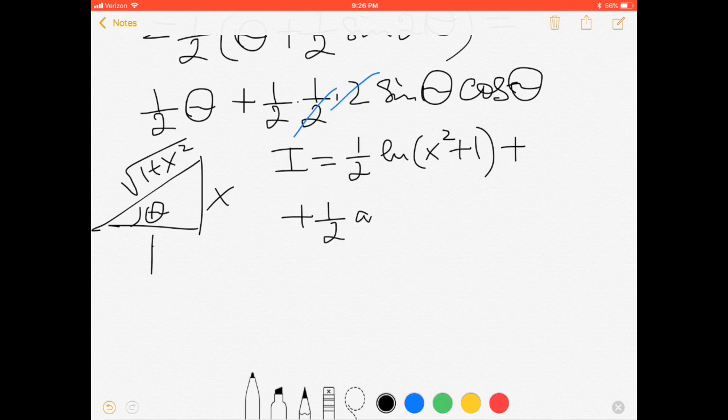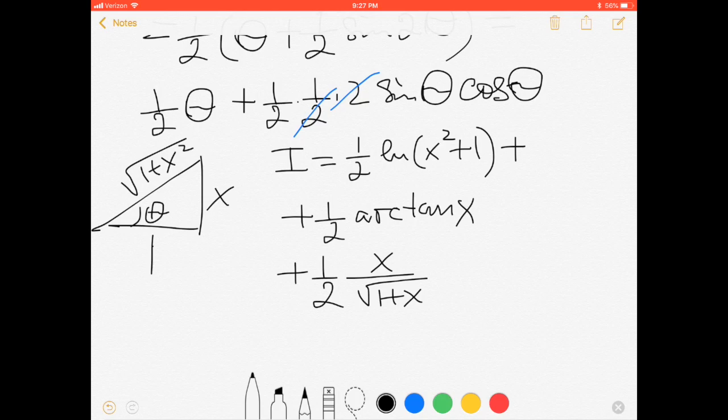This means 1/2 arctan x, since theta is arctan x. And plus 1/2 times the product of sine and cosine. Sine will be x over the root, cosine will be 1 over the root. This means x over, maybe I'll write one more time, 1 over the root.